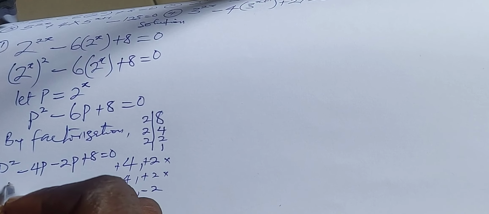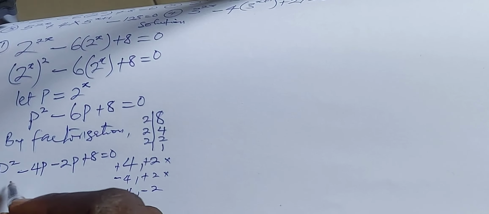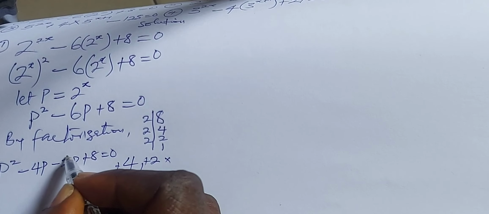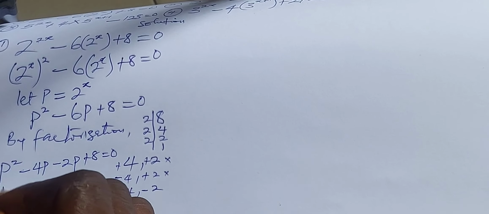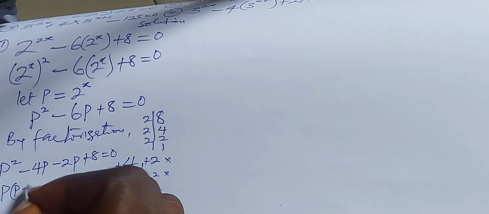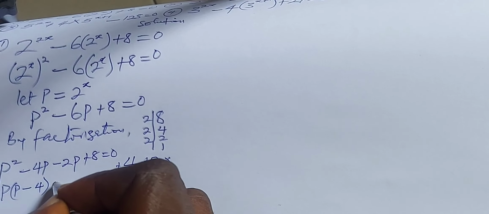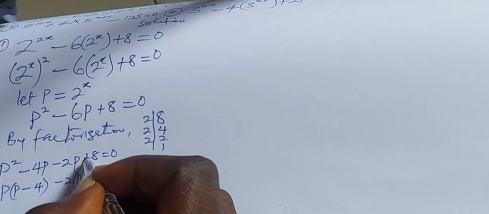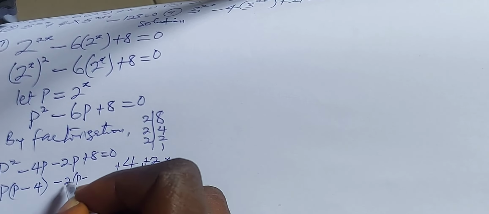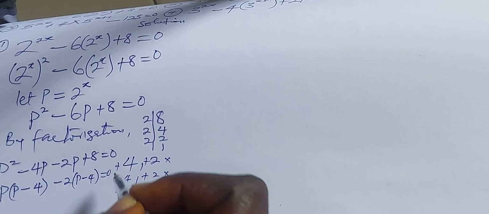What is common here? Factorize here and here. That is how to factorize. So we have p common to the first two terms. P into p squared, we have p; into 4p, we have 4. What is common in the last two terms? We have minus 2 common. We have p, minus plus is minus, 8 divided by 2, we have 4. Then equals 0.